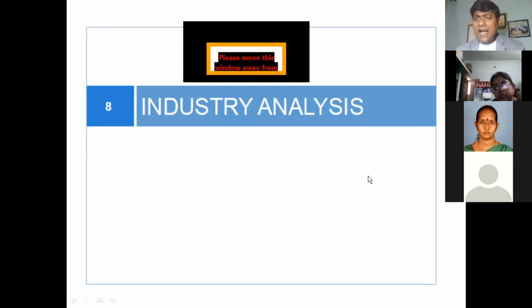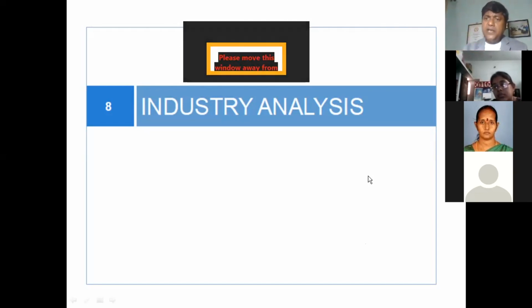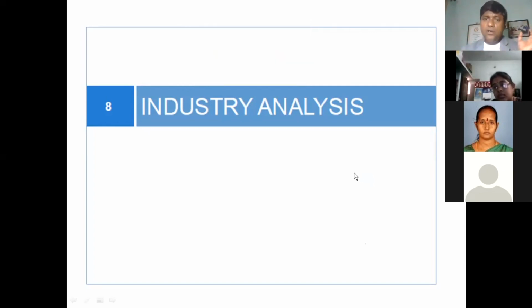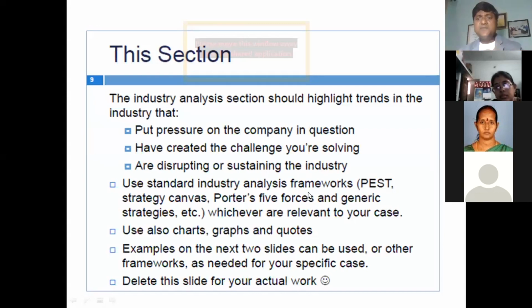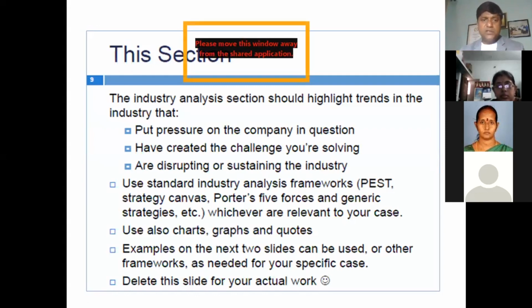Industry analysis, as I said rightly, depends on which company we are doing the case study on. If it is an FMCG company or IT company or pharmaceutical company, that industry as a whole, we need to do a thorough analysis. That's very, very important. And what is this particular industry analysis, right? The section should highlight trends in the industry that put pressure on the company in question, have created the challenge you are solving, or are disrupting or sustaining the industry.